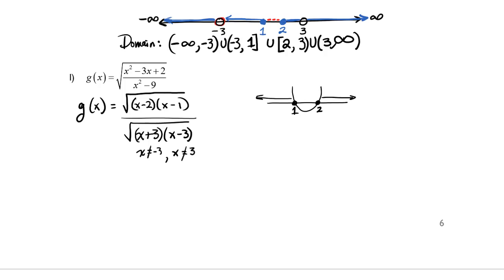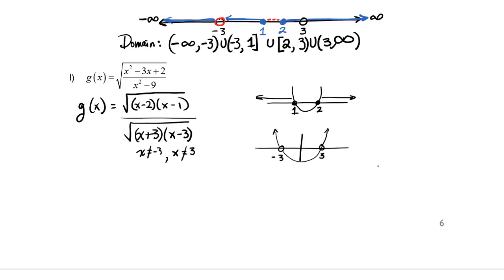In the denominator, I cannot have values that equal -3 and 3. So if I think of the parabola in the denominator, that would be an open dot at -3 and 3. So I can't include those because it will create a vertical asymptote or an undefined function.